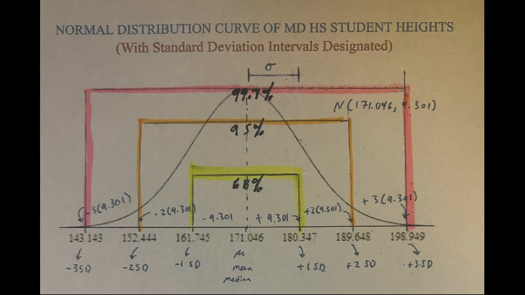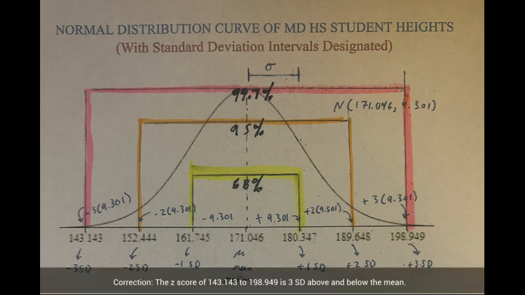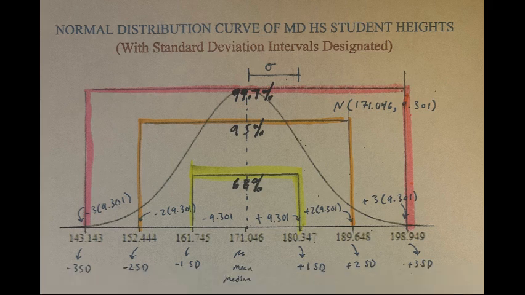Returning to the empirical rule, from -1 to +1 standard deviation from the mean, between 161.75 and 180.35, we should find approximately 68% of the data in this height distribution, 34% on each side. Between the values of 143.14 to the left of the mean and 198.95 to the right, which is between negative and positive standard deviations of 3, we should approximate 99.7% of all of the data of the heights from this distribution.